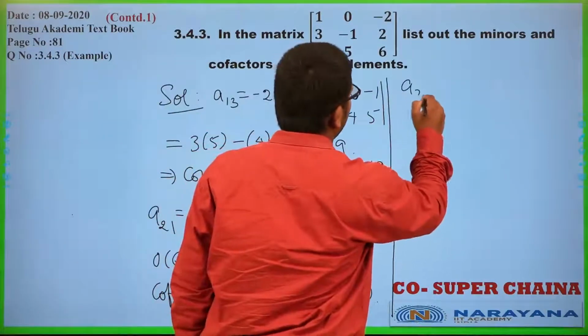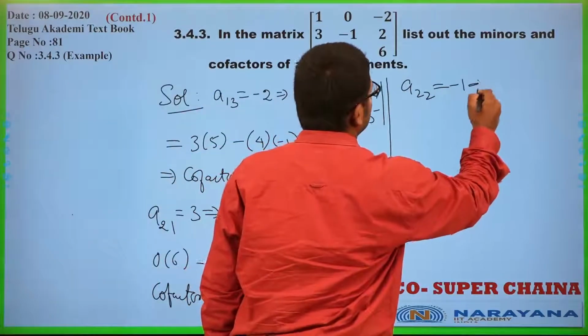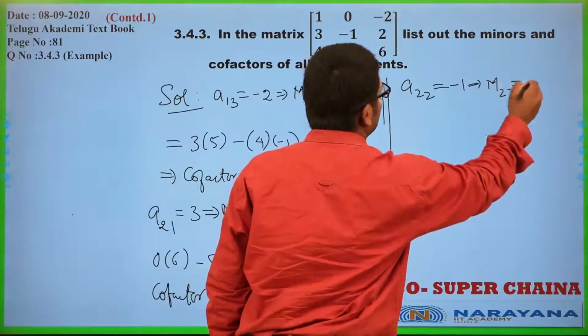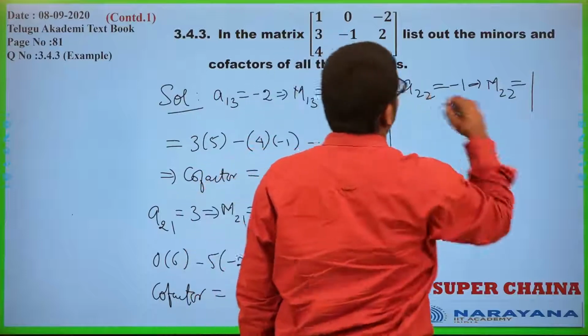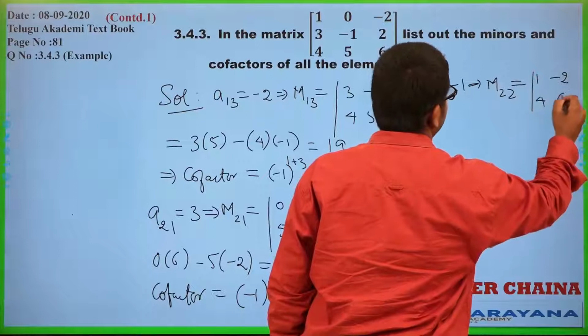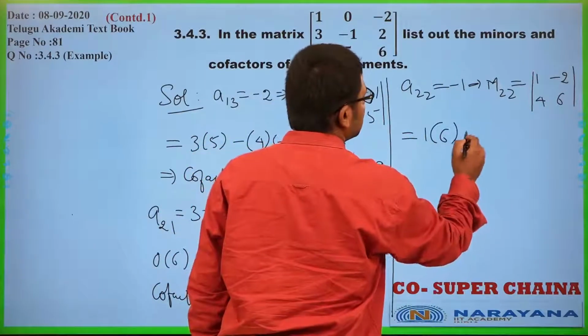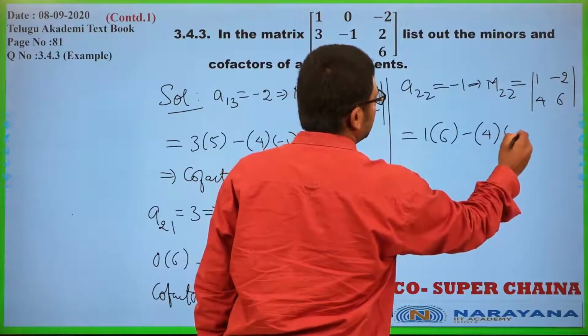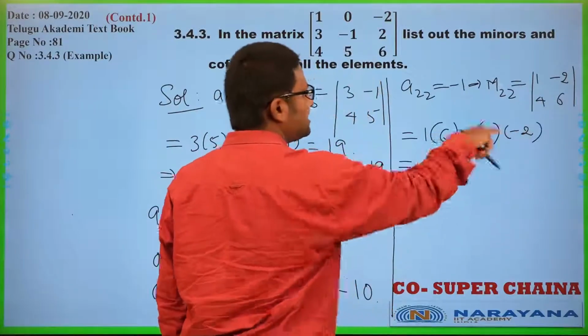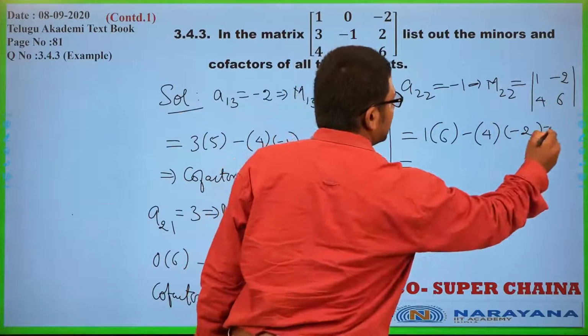Okay, then this is A21. Let us go to A22. Is the element minus 1. So therefore M22 would be this determinant. What is that? 1 minus 2, 4, 6, which is 1 into 6 minus 4 into minus 2. So 6 plus 8 is 14. Let us write it here itself.